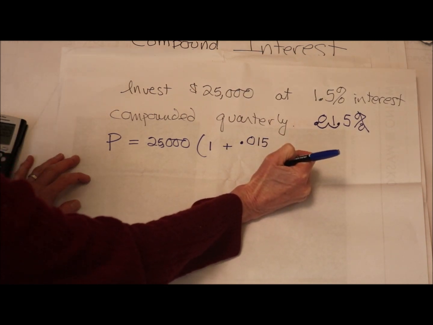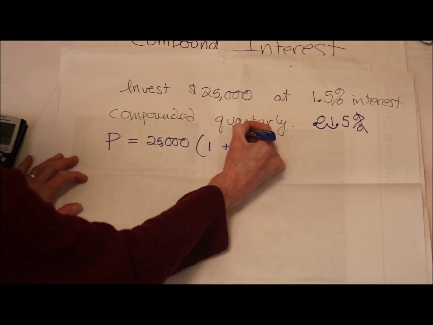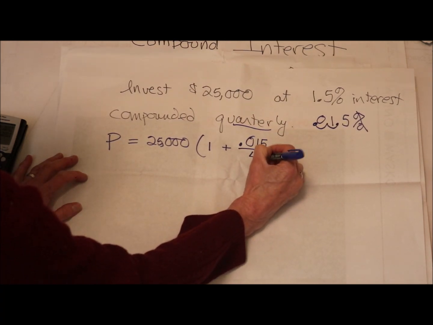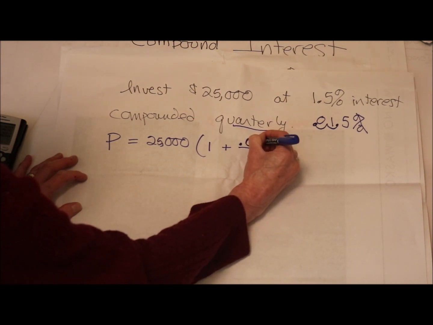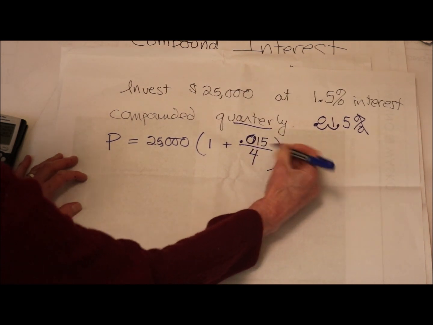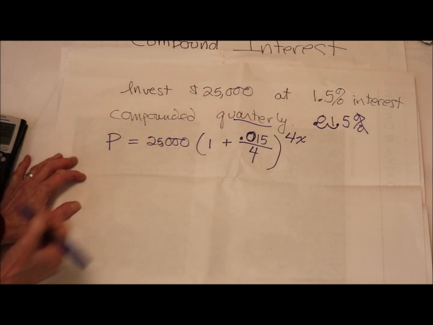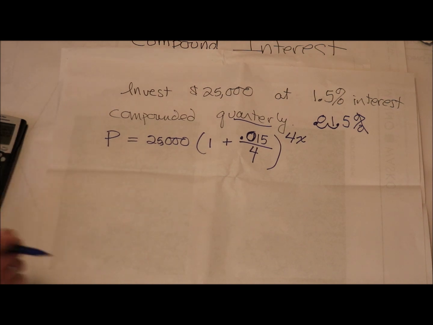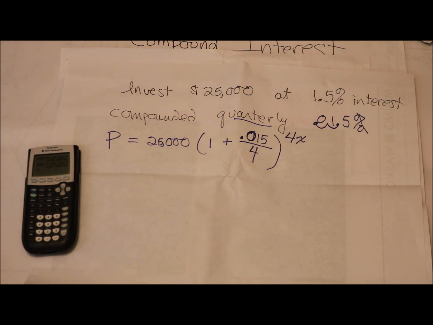Okay, that's a little tricky. That's 1.5% in decimal land. All right, I'm doing this quarterly, so 4 times a year I'm going to get a fourth of that interest 4 times per year, where X is the number of years. Okie doke. And then depending on the number of years, you just replace your X with however many years and put it in your calculator.